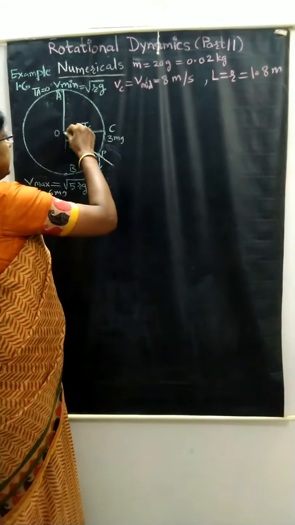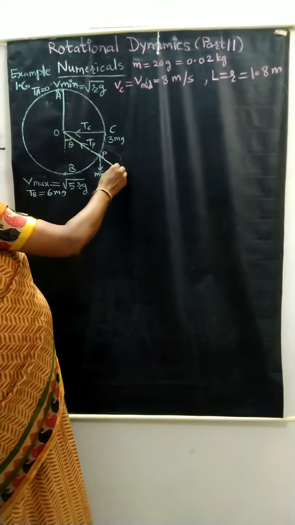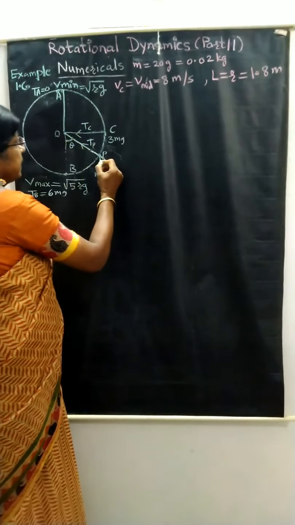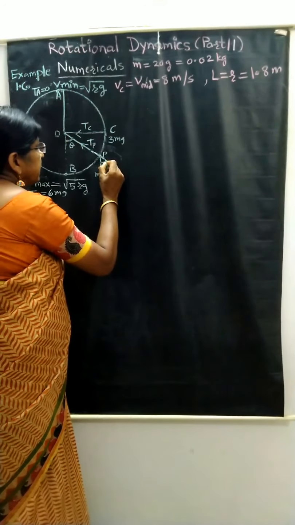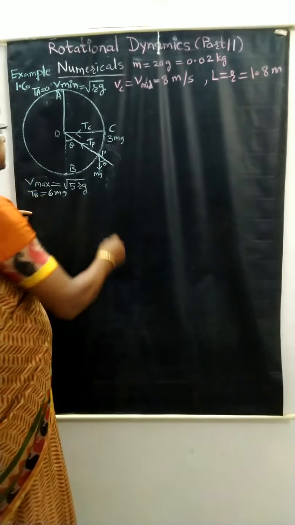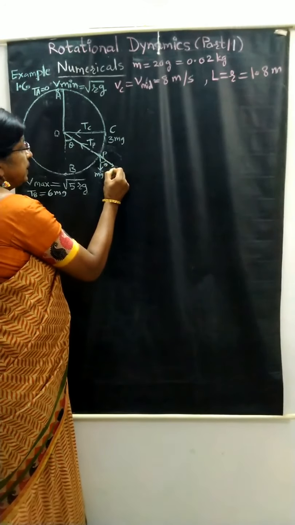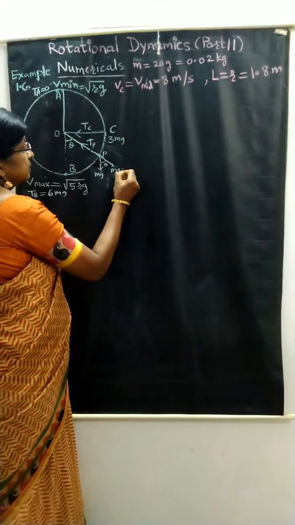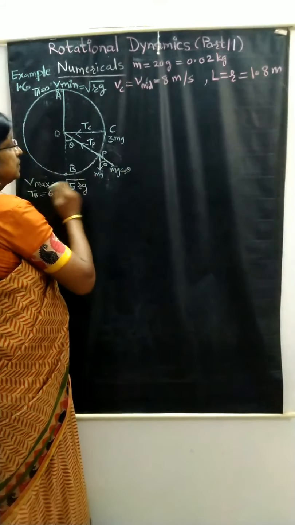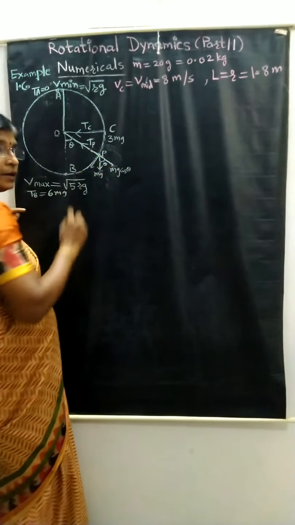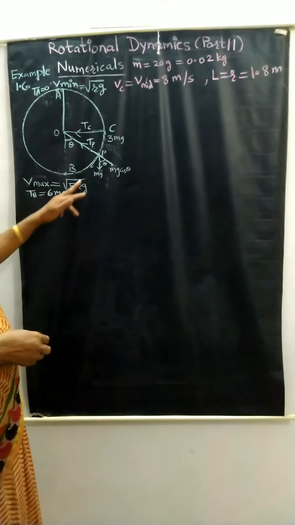As we have extended this line further, and this is a vertical line, this is also a vertical line, this angle will be theta and the component here will be mg cos theta, and the other component, which is perpendicular to this one, will be mg sin theta.